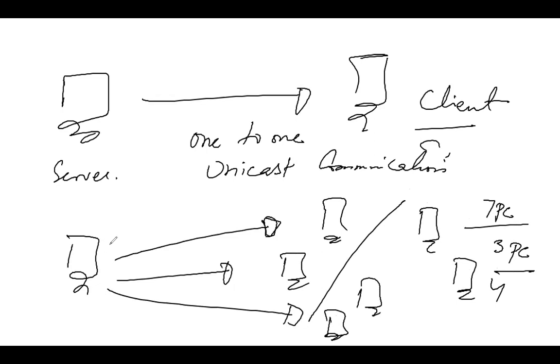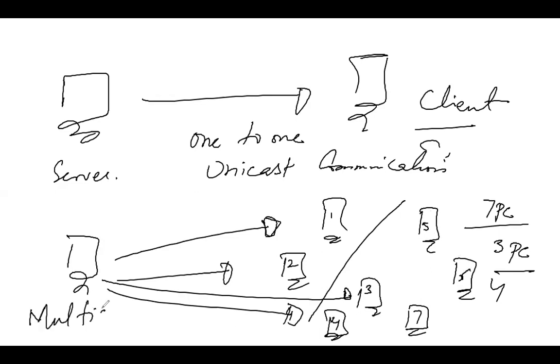Let's also add this one over here, that he is sending to this one as well. So he is sending to 1, 2, 3, and 4, and 5, 6, and 7 are receiving nothing. So this is called multicast communication.